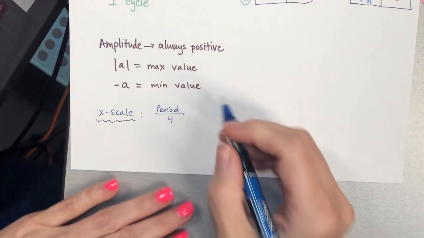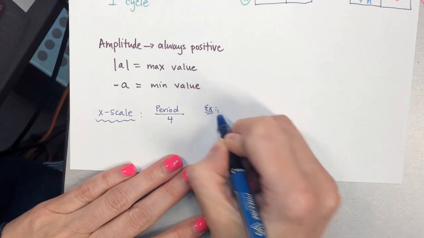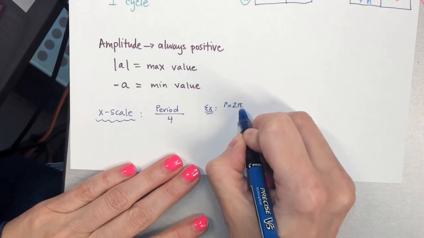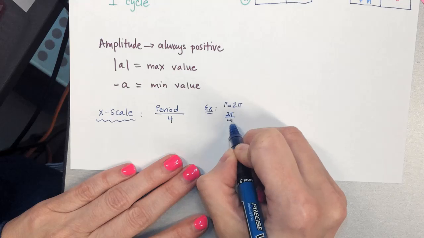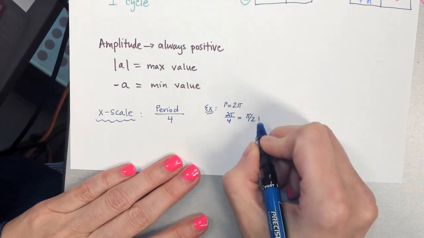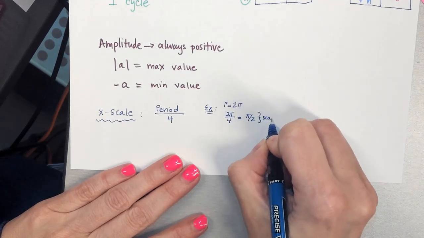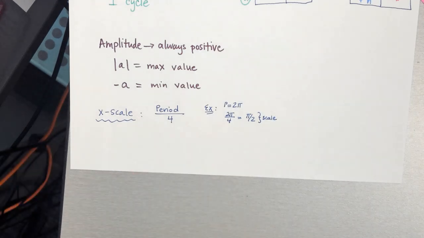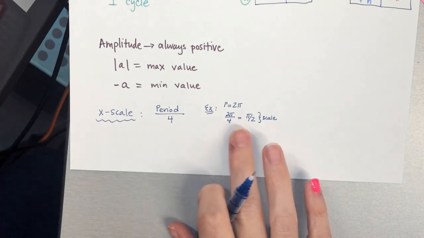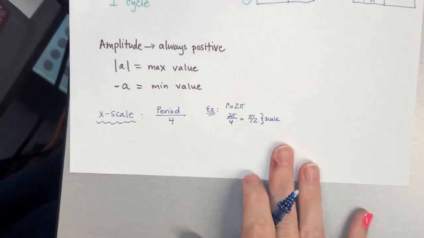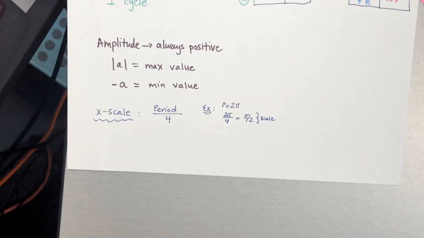An example would be if your period is 2 pi, you do 2 pi divided by 4, you could scale by pi over 2. Sometimes we scale every other one, and you can make that decision. If you are using a scale of the period divided by 4, you can do every other tick mark on your graph.